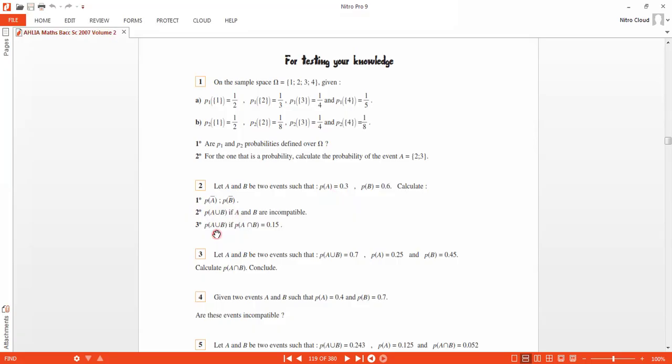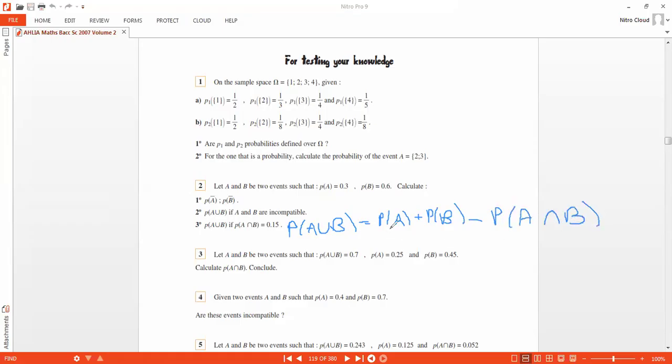In this case, we need to calculate the union if we have the intersection. So we say that probability of A union B equals probability of A plus probability of B minus the intersection.